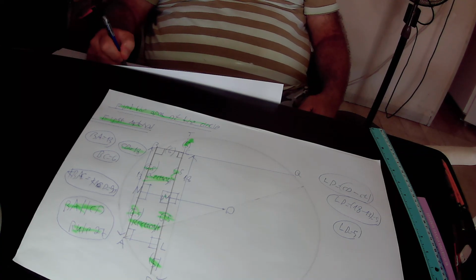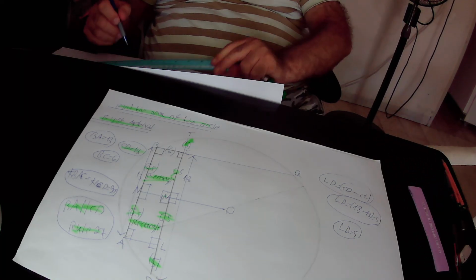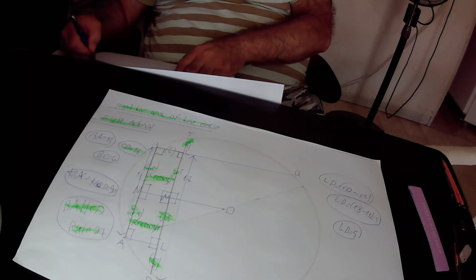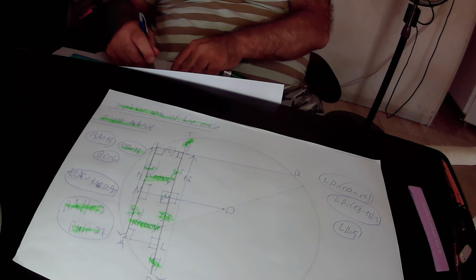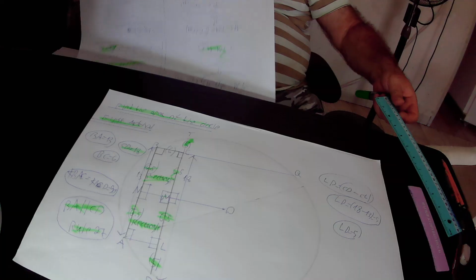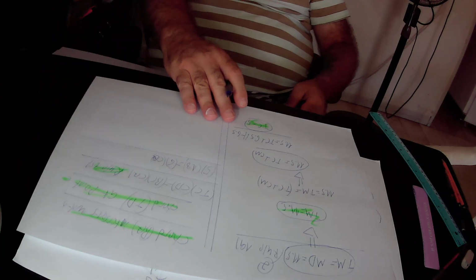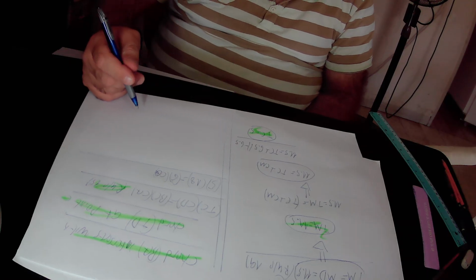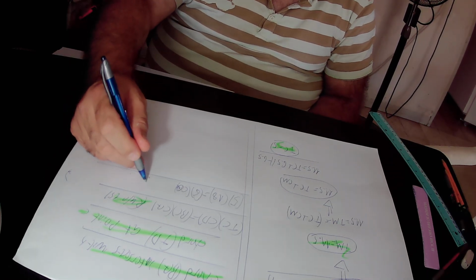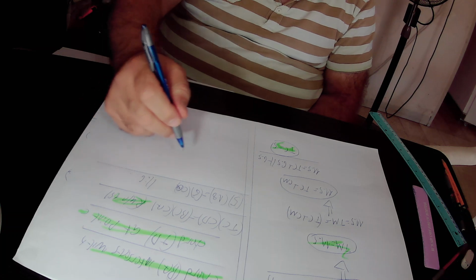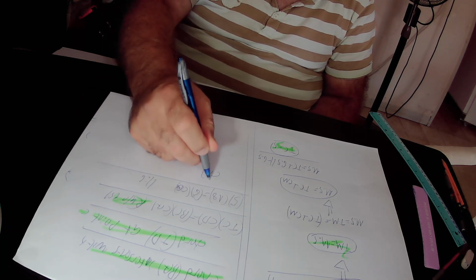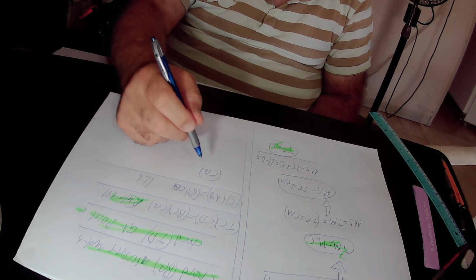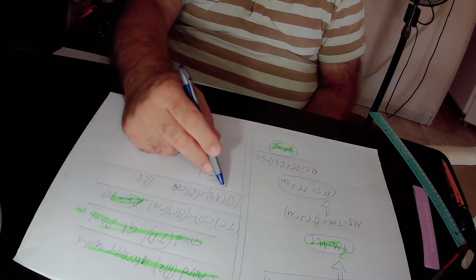CQ is the missing line segment, so leave it as it is. So in total, according to rule 15, we found out that 5 times 18 equals 6 times CQ. Here we will divide this equation by 6, and we get that CQ equals 18 over 6 is 3, and 3 times 5 is 15.